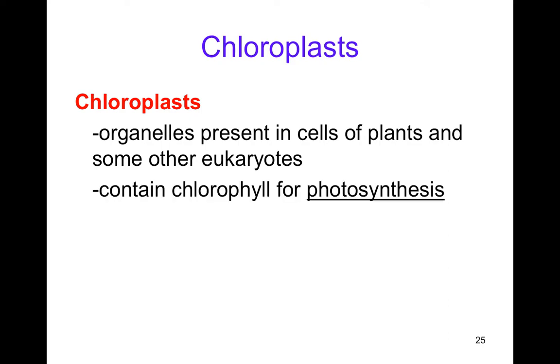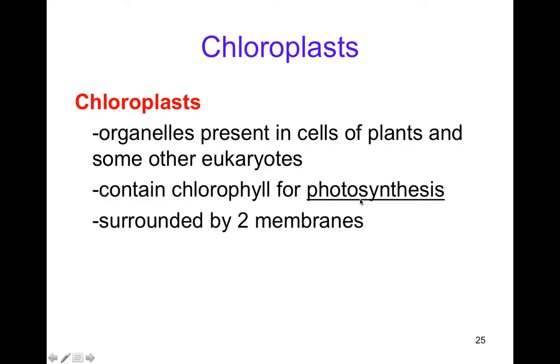They contain a pigment called chlorophyll, and they use the chlorophyll and the sun's energy to perform a process called photosynthesis. Photosynthesis takes carbon dioxide that is in the air and makes sugar out of it.